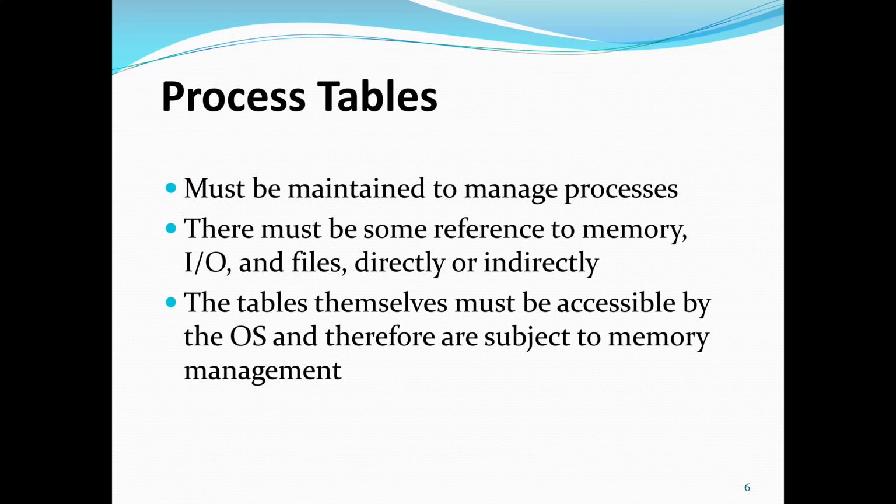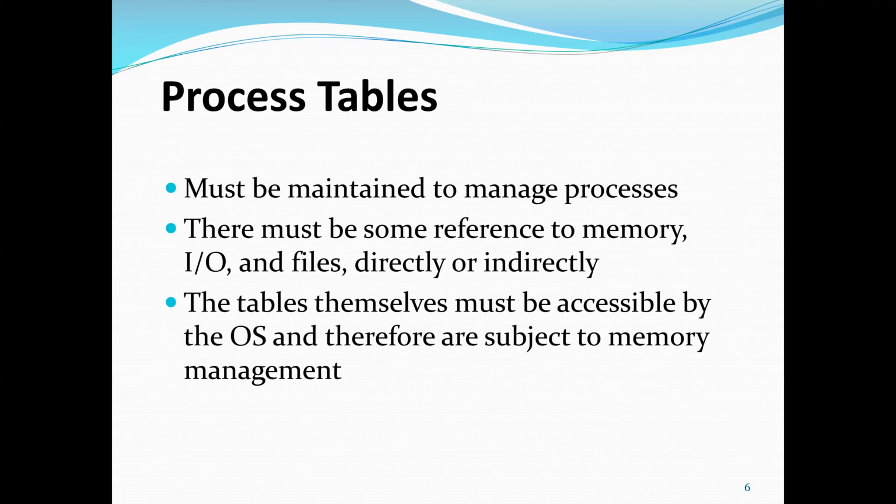Because again, memory, the I/O, and files are managed on behalf of process. In order for a process to be working, it may need a memory. Also, it may need some I/O features such as files, etc. So this all must be linked.